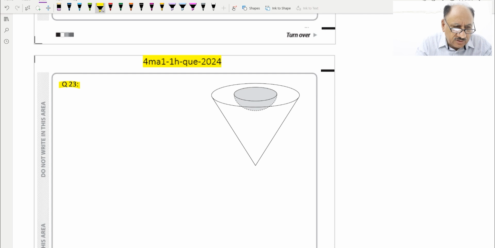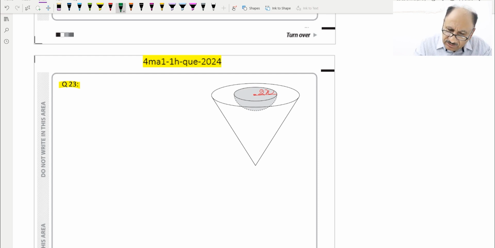A solid shape is made by removing a hemisphere, shown shaded, from a cone as shown in the diagram. So the radius is given. The radius of the hemisphere is 2x. So the radius of the hemisphere is this one, which is 2x they have given, and the radius of the base of the cone is 5x.